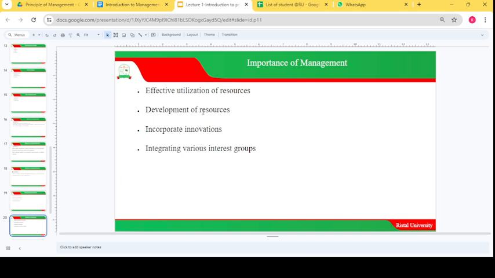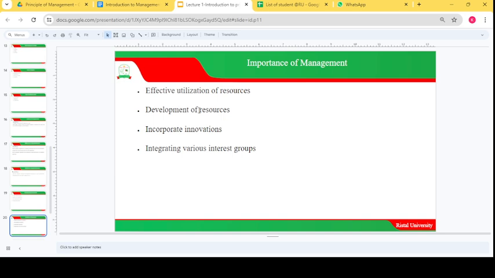And then we have development of resources. So here the management develops various resources. So this is seen with human as well as non-human factors. So most of the research for the human development is carried on in the organizational way, and management is involved in those activities.